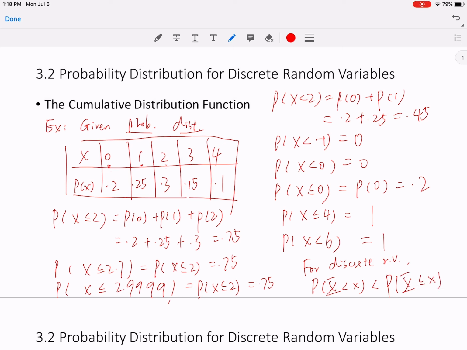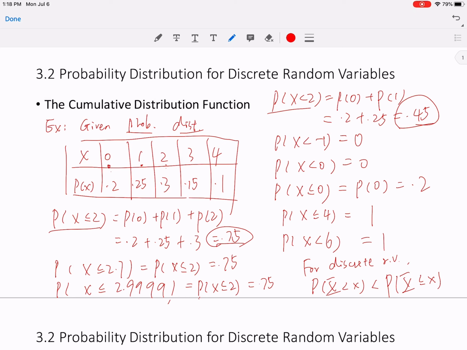Now we can tell from here, the probability x is less than 2 is 0.45, and the probability of x less than or equal to 2 is 0.75. And then we can tell the 0.45 is completely less than 0.75.